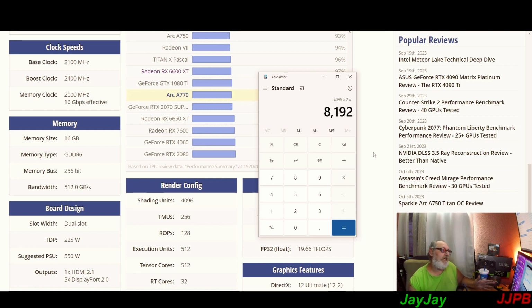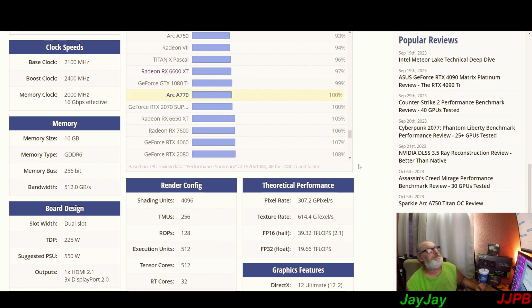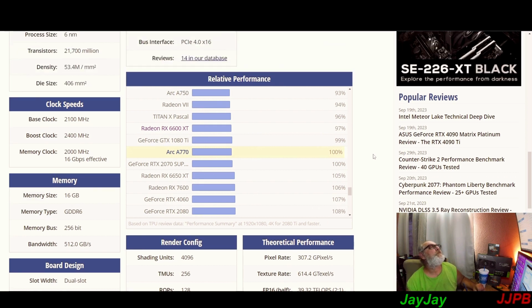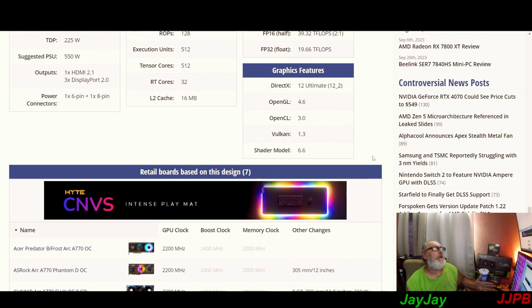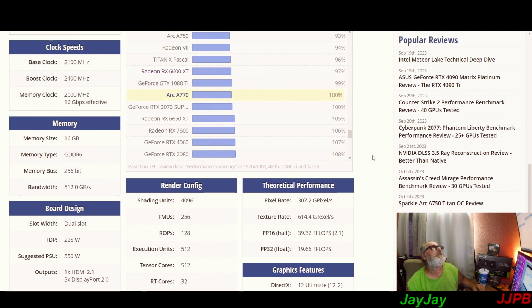So basically, a GPU with 8,192 cores would be equivalent to one half of this. So, this is one half of a newer style GPU.